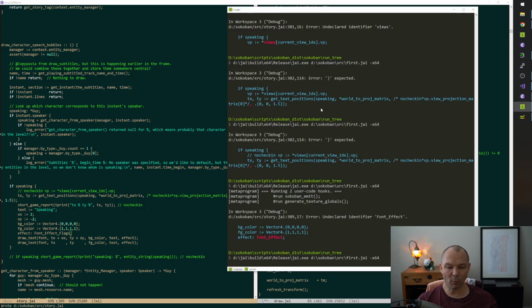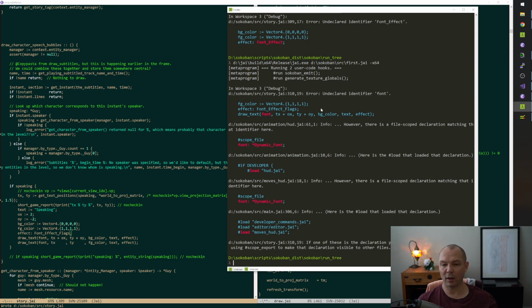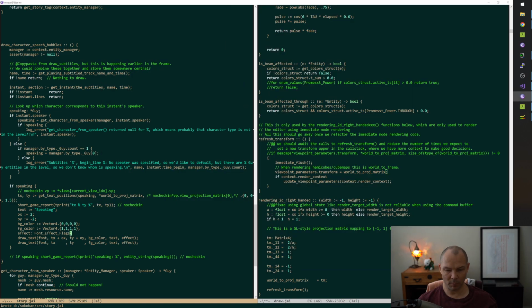You need to make it reasonable and easy to do something very basic like what's the transform of the entity, or of the camera for the current frame. That applies to so much code that if you had to pass that everywhere, people would go insane. Okay, I didn't do the font.